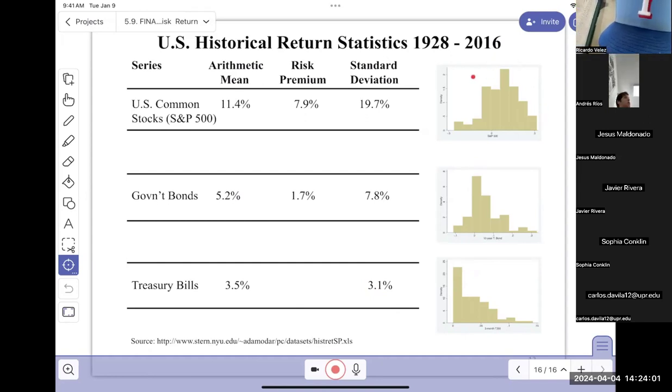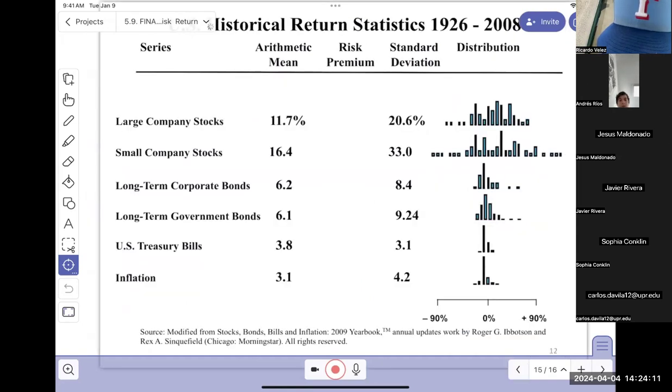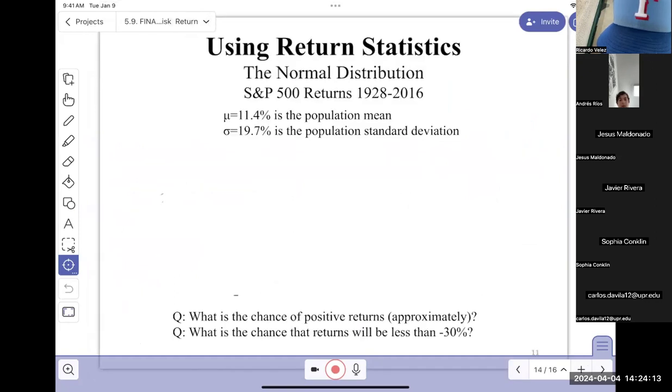So going back to the stock, we're going to use the mean and the standard deviation, and I'm going to ask you to answer these questions. What is the chance of positive returns? And what is the chance that returns will be less than negative 30%?